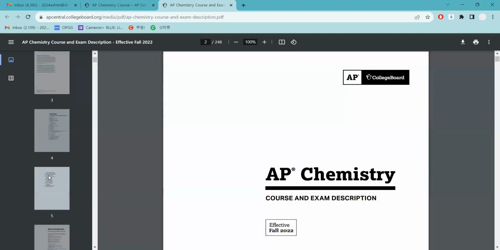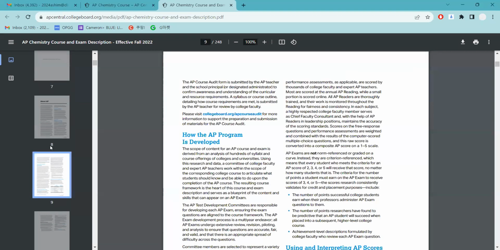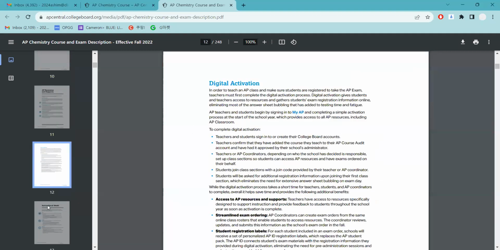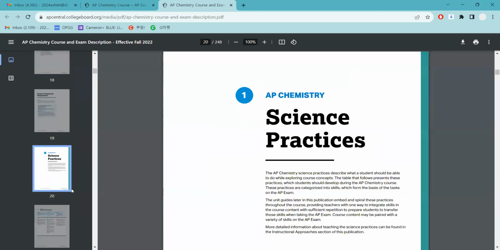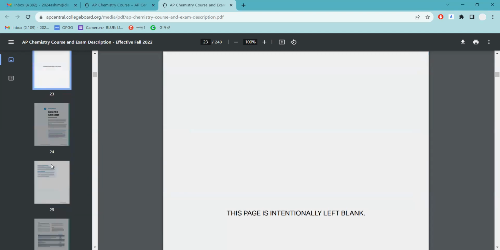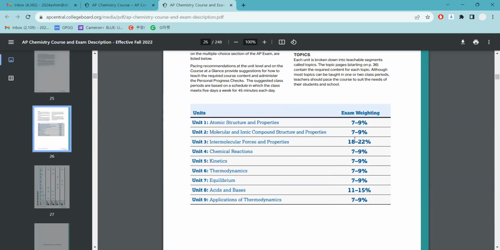Okay. So we'll be going over this book for the next few videos, and these are all relatively simple things that we could skip through. So these are the units and the weighting.